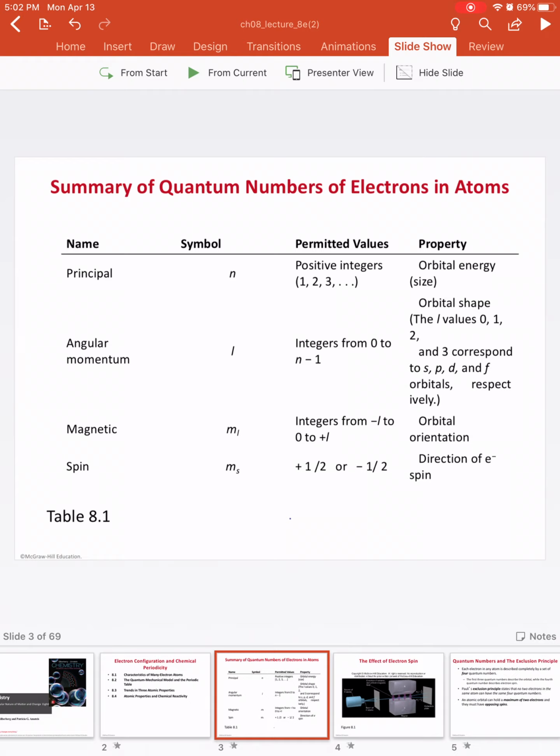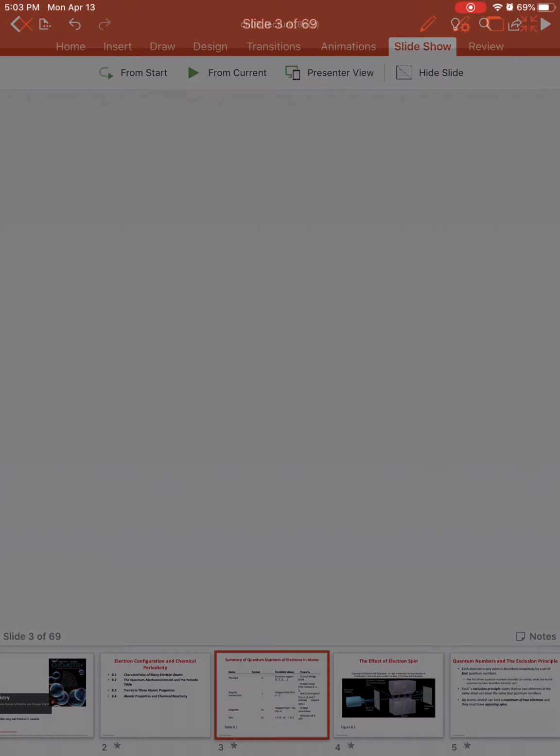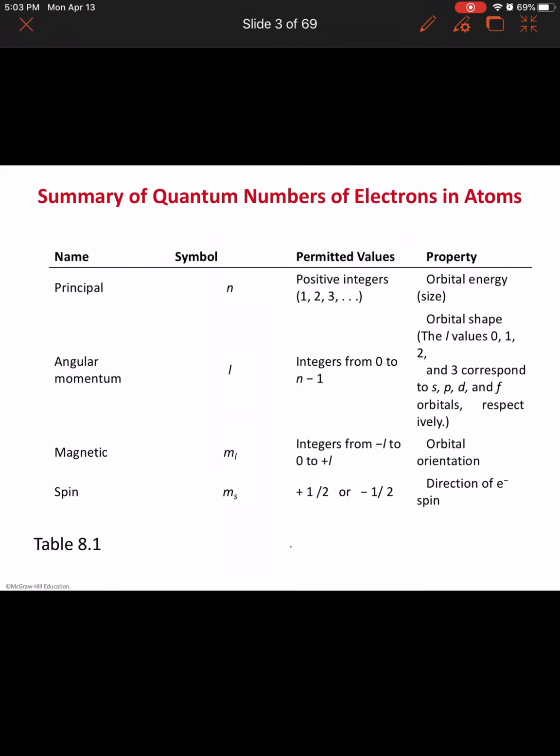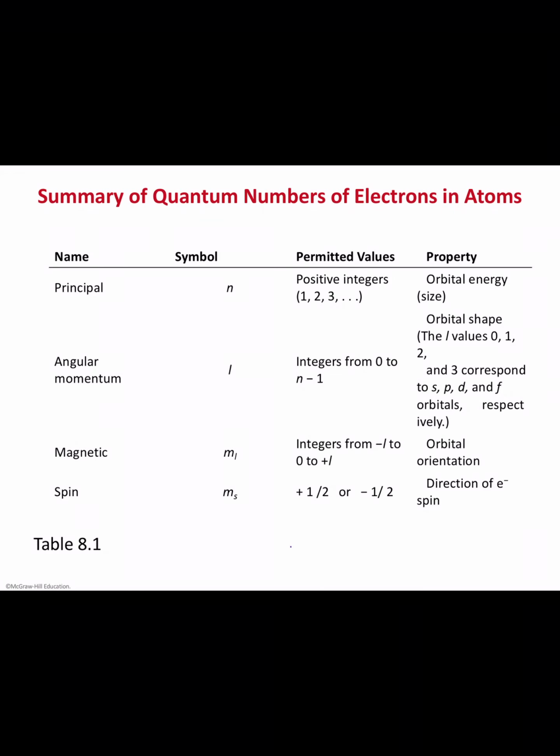Okay, and orbital shape. So this tells us about the orbital shapes, and the values for l could be 0, 1, 2, 3, and they correspond to s, p, d, f orbitals. Okay, and then the third quantum number that we learned is ml, and that is an integer that can go from minus l to 0 to plus l.